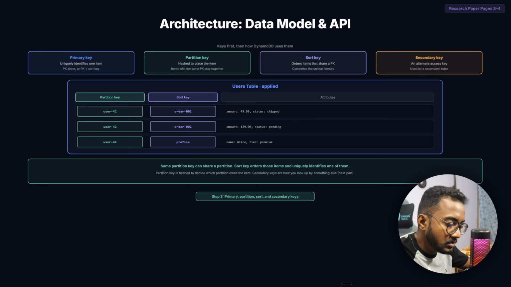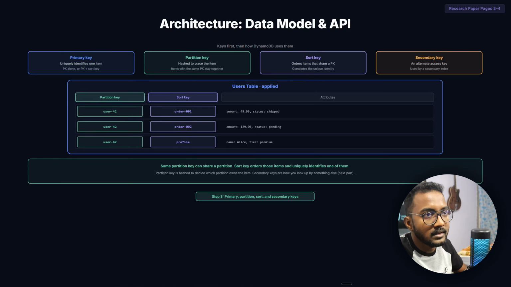The sort key decides that order. And then there are secondary keys. Let's say apart from user ID, we want to filter by an email ID or something like that, so we can use the secondary key. Instead of going through all the rows, we can directly search the table using that particular field.